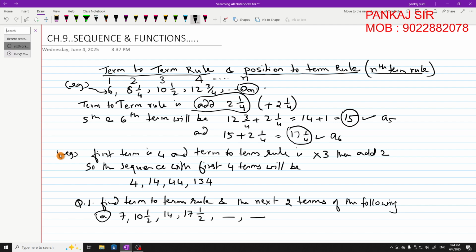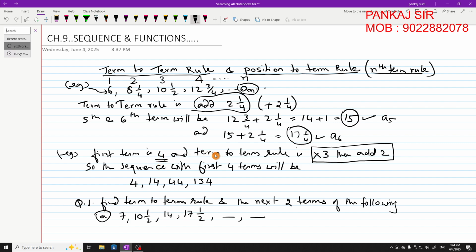Let us consider one more example. Suppose in this second example, the first term is 4, and the term to term rule is multiplying by 3 then add 2. This is the term to term rule. So term to term rule is the rule which connects two consecutive terms. So first term is 4.